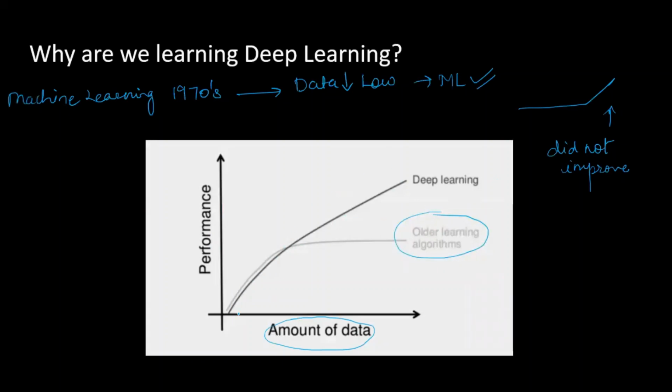Now after this happened, there was a kind of discovery and invention, both of them, called deep learning.